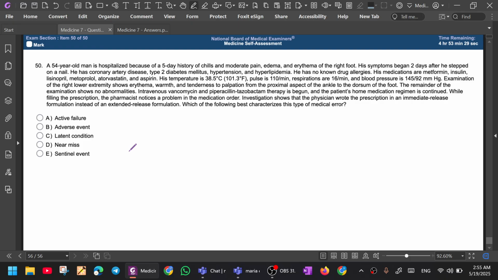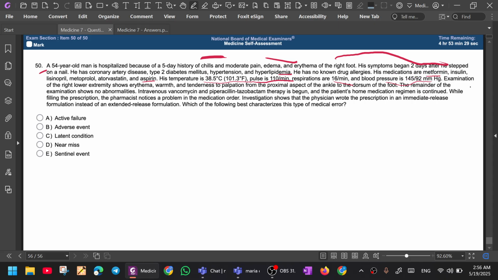A man is hospitalized because of a 5-day history of chills and moderate pain, edema, and redness of the right foot. His symptoms began 2 days after he stepped on a nail. He has coronary artery disease, type 2 diabetes, hypertension, hyperlipidemia, no known drug allergies, and takes metformin, insulin, lisinopril, atorvastatin, and aspirin. Temperature is high, pulse is high, respiration normal, BP high.